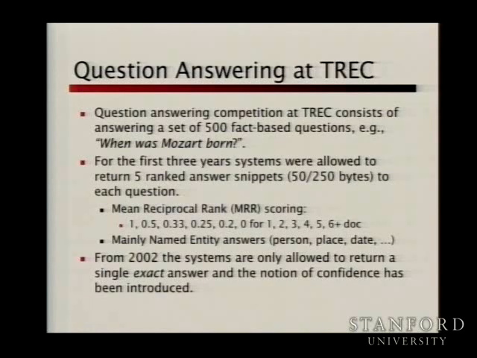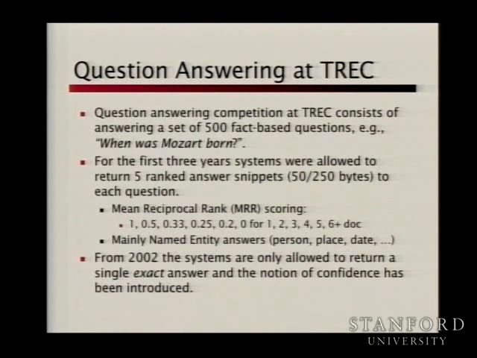I'll quickly mention the scoring system that was used in the first 3 years, because I give some numbers on it later. This was mean reciprocal rank scoring. Essentially you only got points if you returned a snippet of text containing the correct answer inside your first 5 results. If your first ranked snippet had the right answer, you got 1 point.